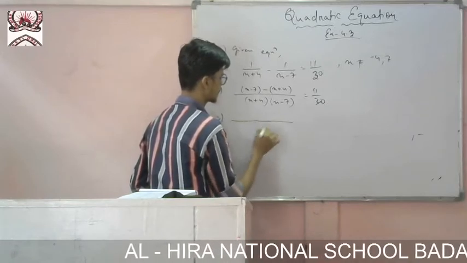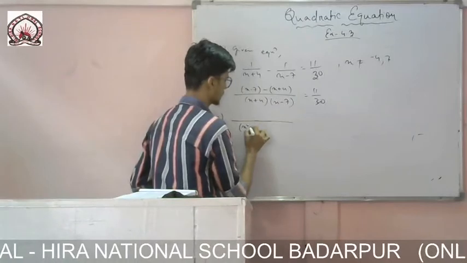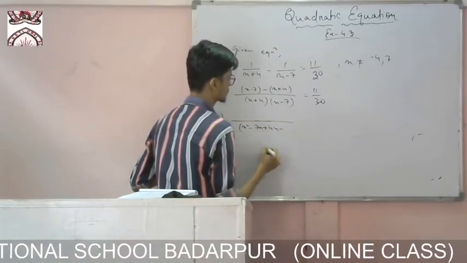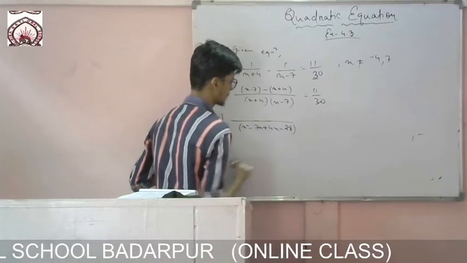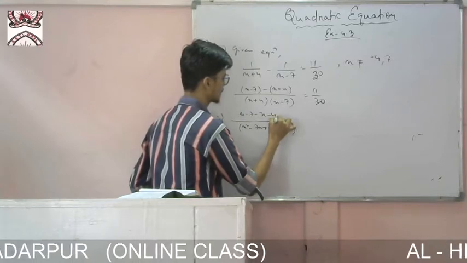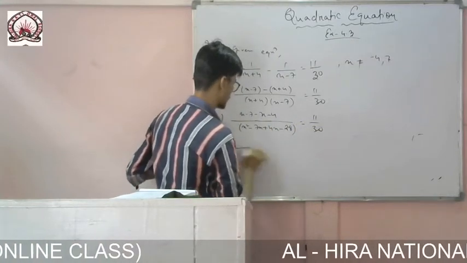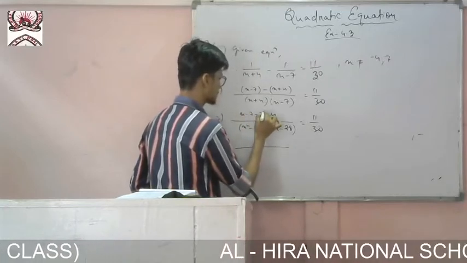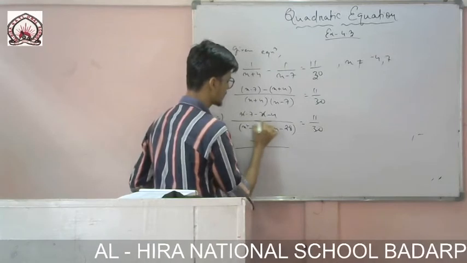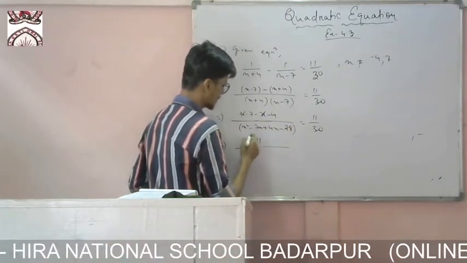Breaking it, I get x square minus 7x plus 4x minus 28, and above it x minus 7 minus x minus 4 equals 11 by 30. Above, x minus x gets cancelled, and minus 7 minus 4 becomes minus 11.